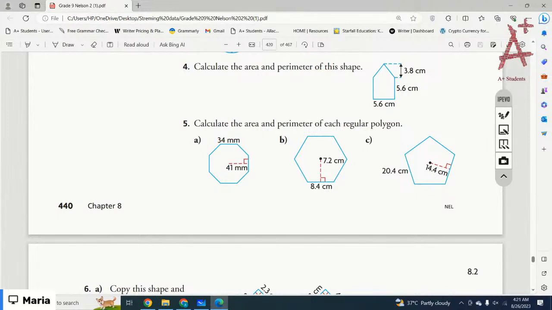So that means you can divide the octagon into 8 triangles by connecting all the vertices to the center of the polygon. We can then find the area of the polygon by finding the area of 8 triangles and then adding them up, right?